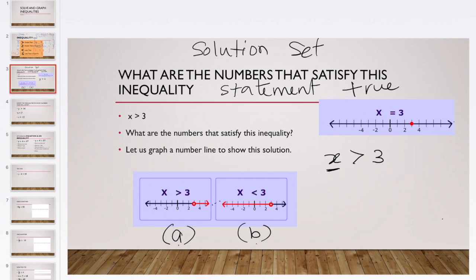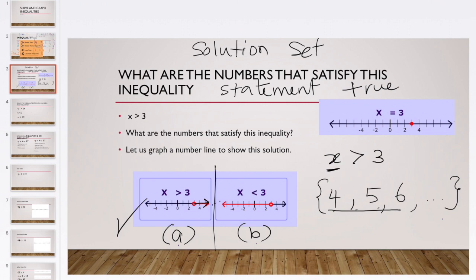We don't know what is in x, but it could be anything because there's infinite number of numbers, integers that are greater than 3. For example, 4, 5, 6, and so forth until infinity. So all these numbers can be true, and all these numbers live on this number line at this starting point. 3, 4, 5, 6, and so forth. So I have to choose A as my correct answer that shows x is greater than 3.